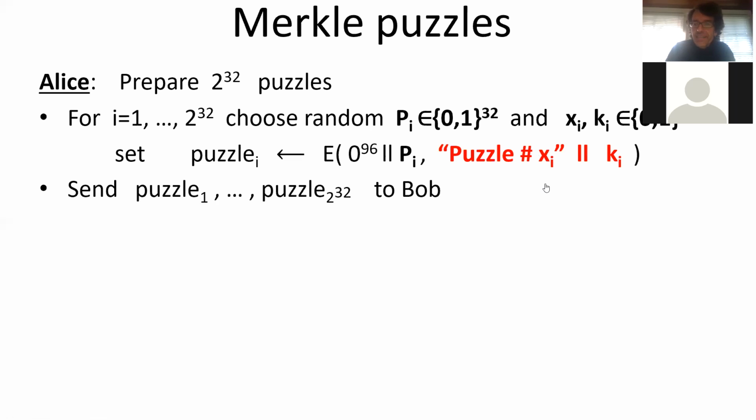Somebody says CAPTCHA, but no. CAPTCHA is a test for the presence of a human. It is not designed to slow down an automatic engine, like just a processor. This is designed to slow down a processor, where you just have to perform 2 to the 20 AES operations. You might not be human.